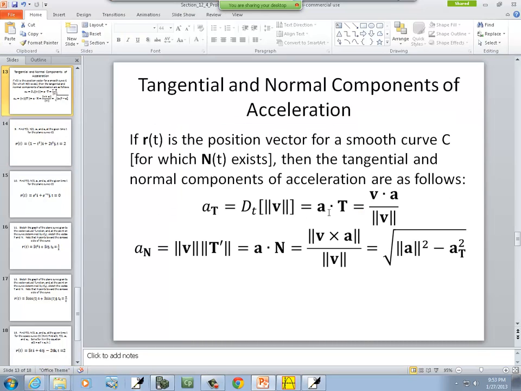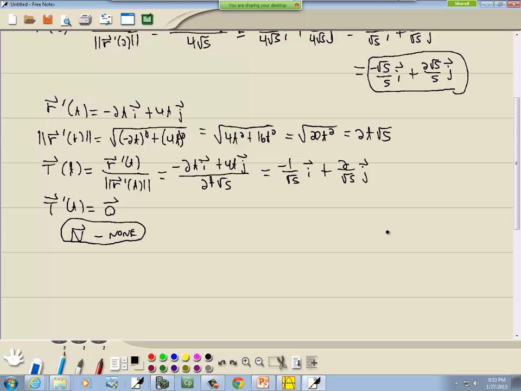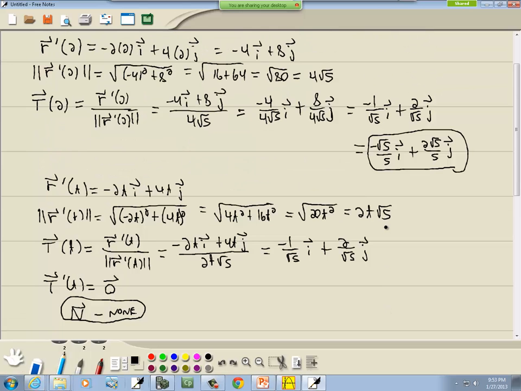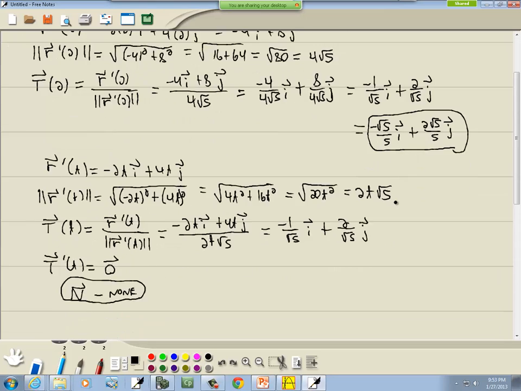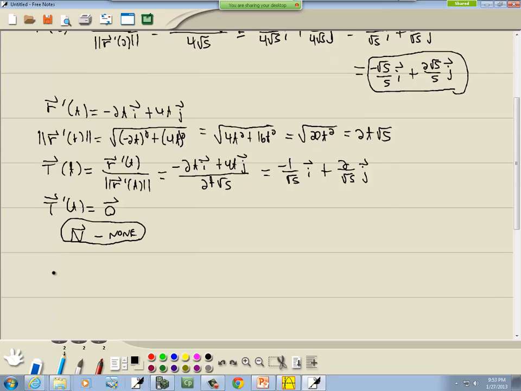Okay. Well, let's find this now. So we need to find a. We already have t, or we could use this one if we wanted to. But a is pretty easy to get. Now our velocity is the same as r prime. So our velocity is equal to r prime, which was equal to negative 2t i plus 4t j. So our acceleration is going to equal the derivative of that, which is negative 2i plus 4j.